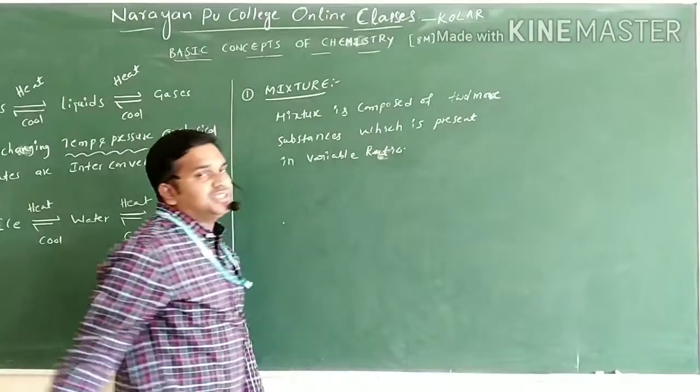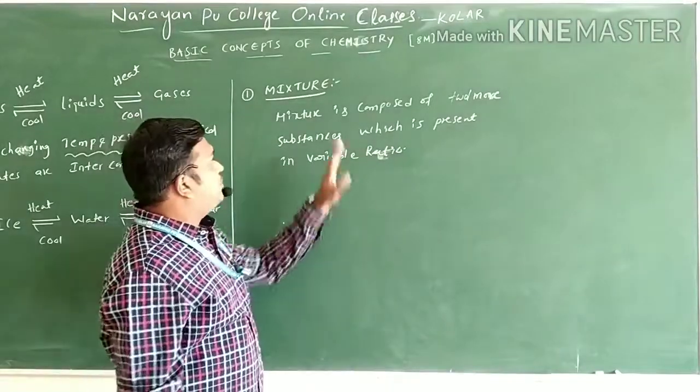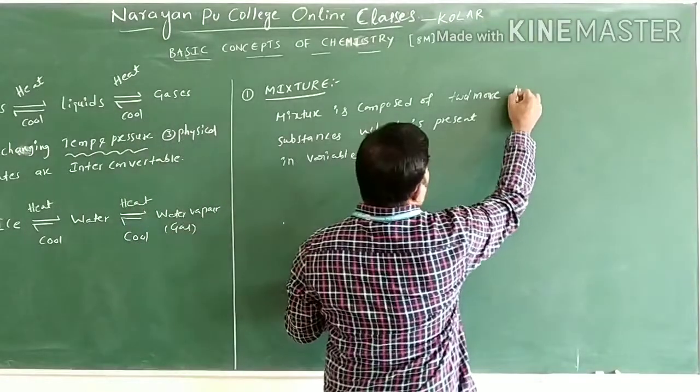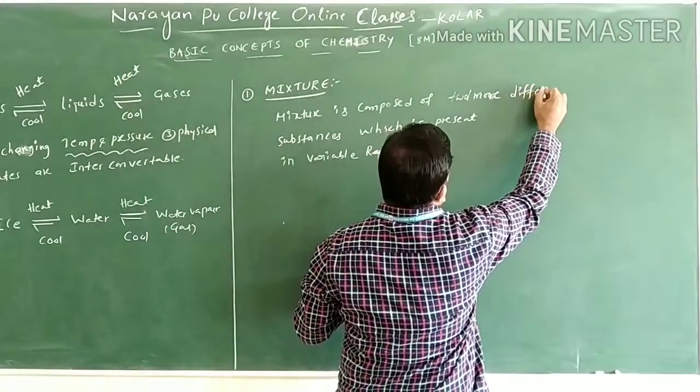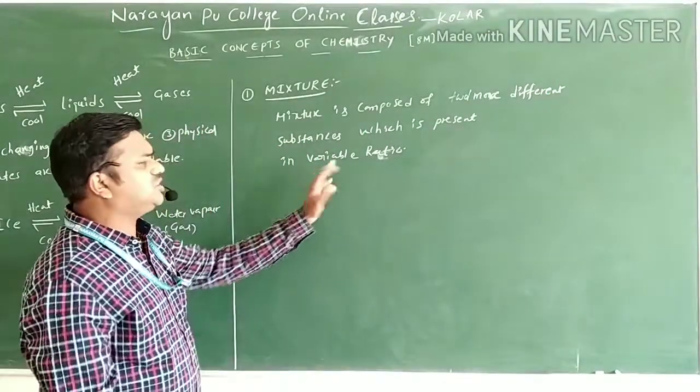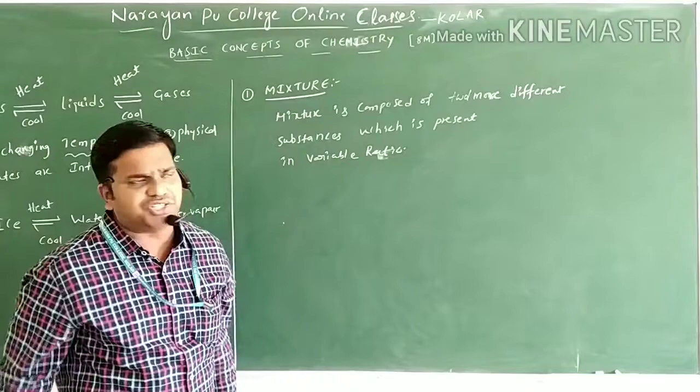So this is the definition of a mixture. A mixture is composed of two or more different substances which are present in a variable ratio, meaning it is not a fixed ratio.